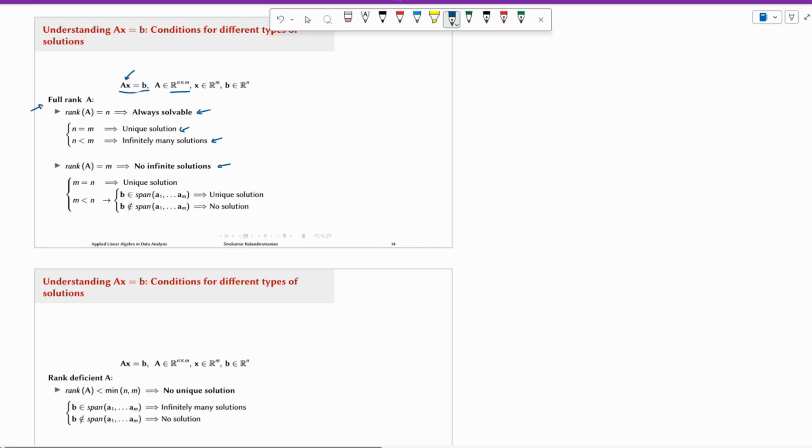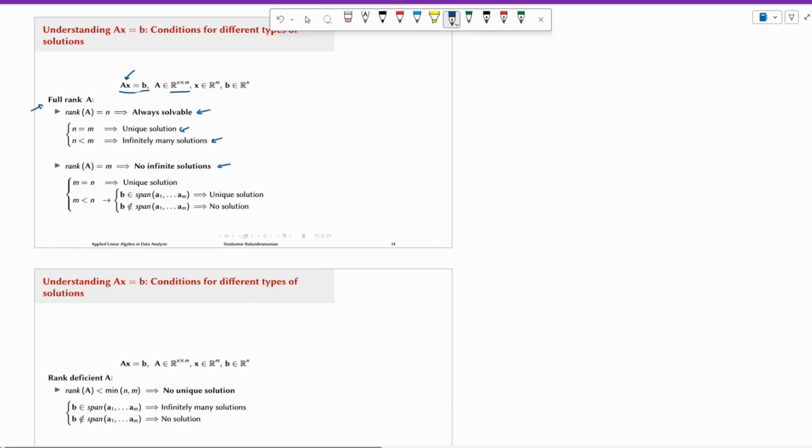On the other hand, if the rank was m, then what possibilities do we have for the matrix? What shapes? It can be square. Another possibility is tall. So when the rank is equal to m, when the rank is equal to the column rank, then you have a tall or a square matrix.